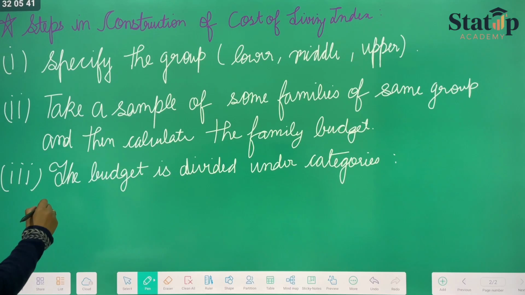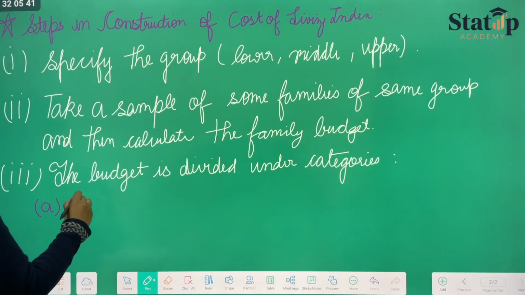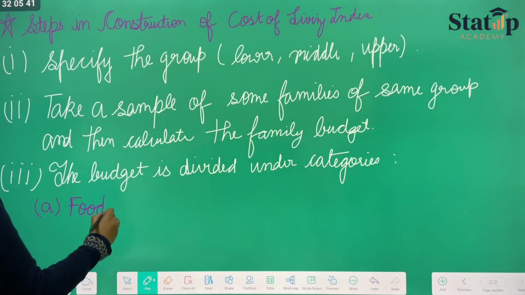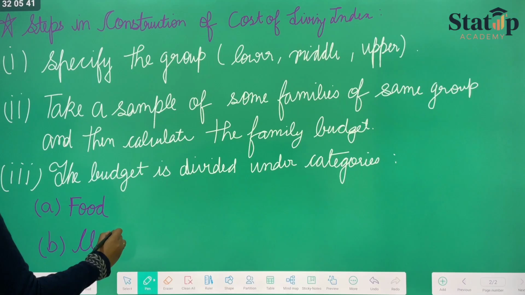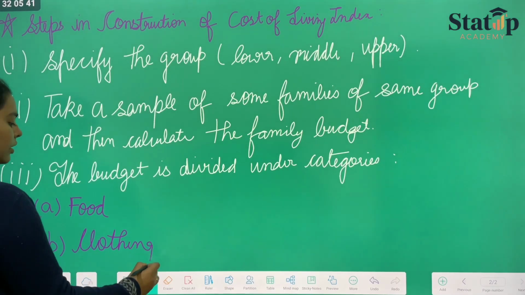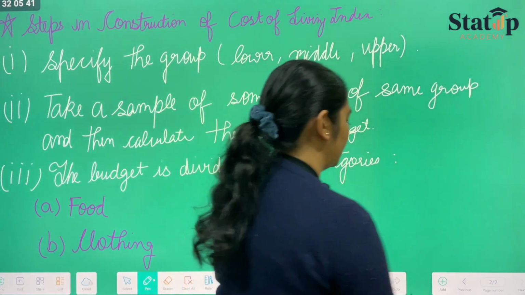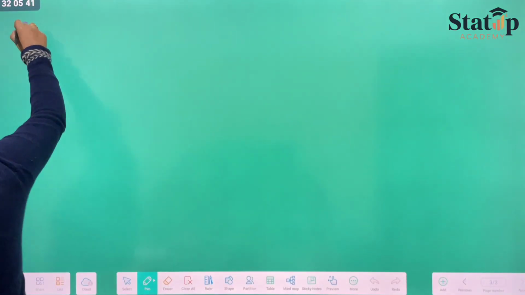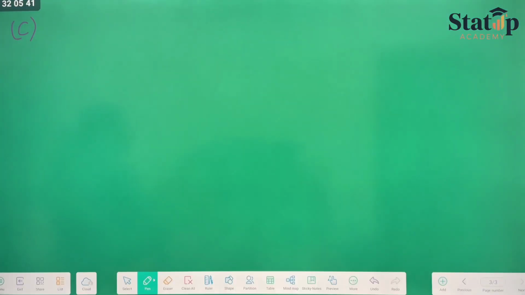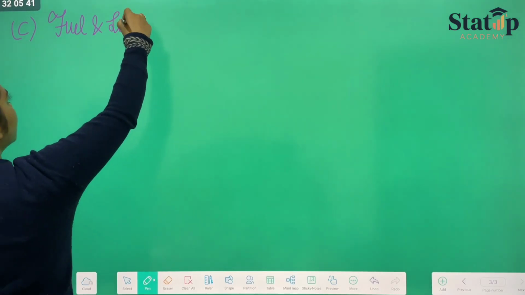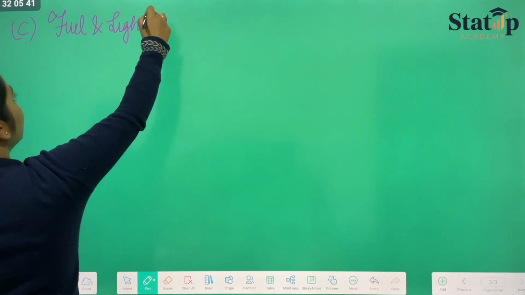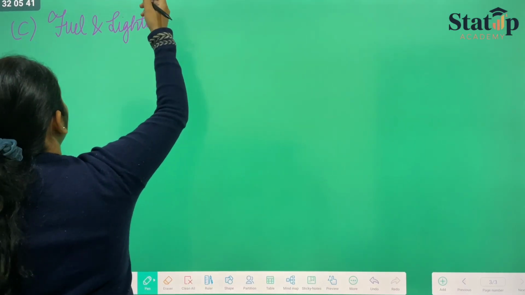The first category is food, how much is spent on food. Then the second category would be clothing, how much is spent on clothing. Then the third category would be fuel and lighting, meaning what fuel they are using and what electricity they are using.